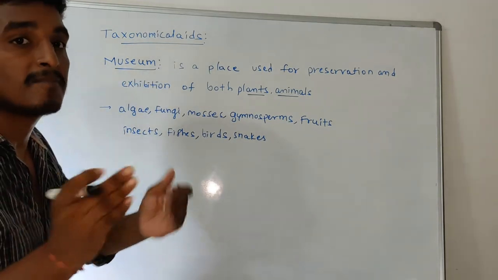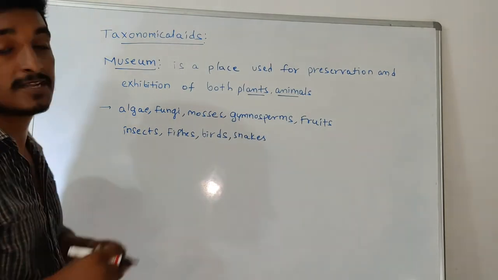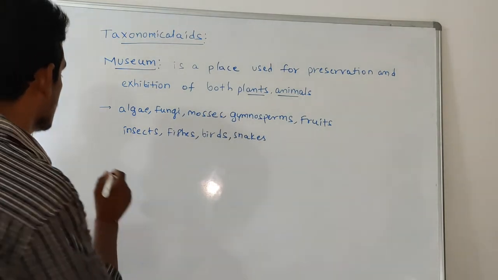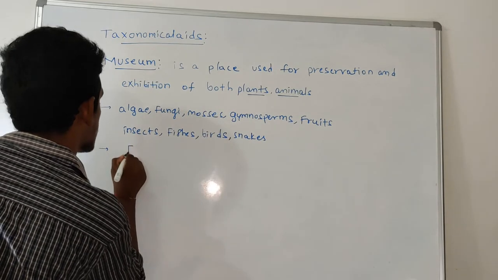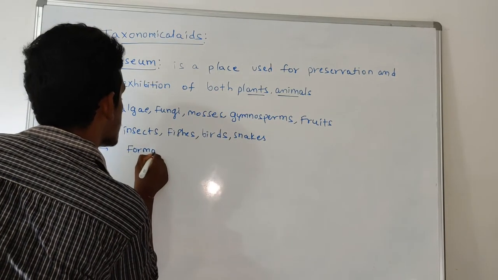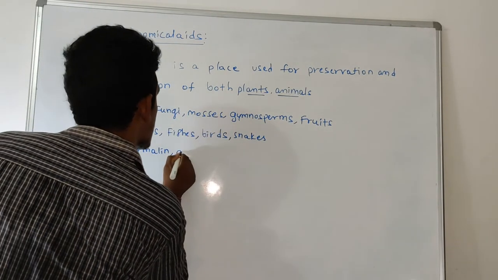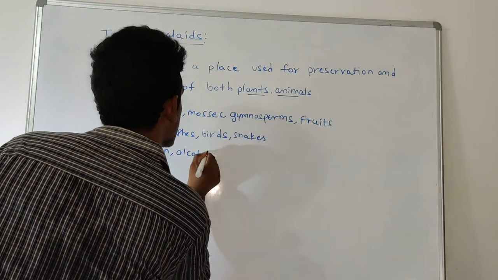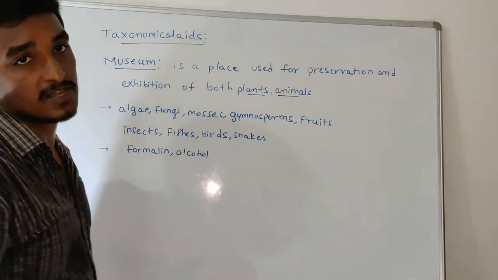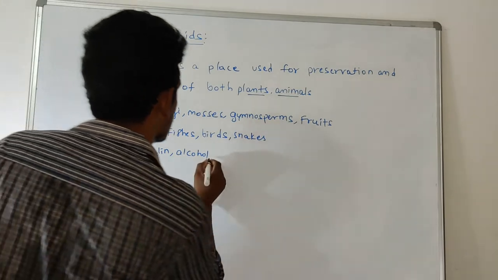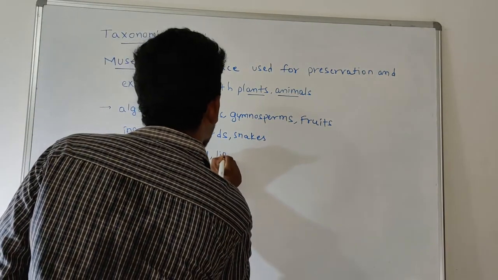What type of chemicals are we using for the preservation process? Mainly chemicals like formalin and alcohol. During cryopreservation, we use liquid nitrogen.